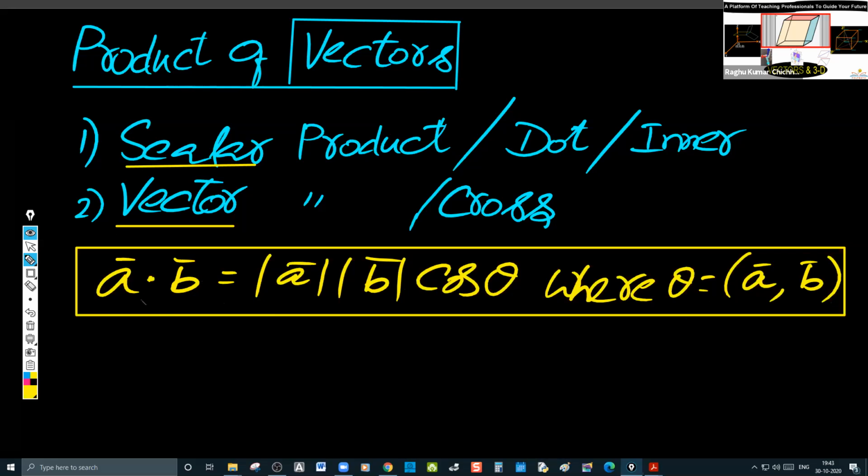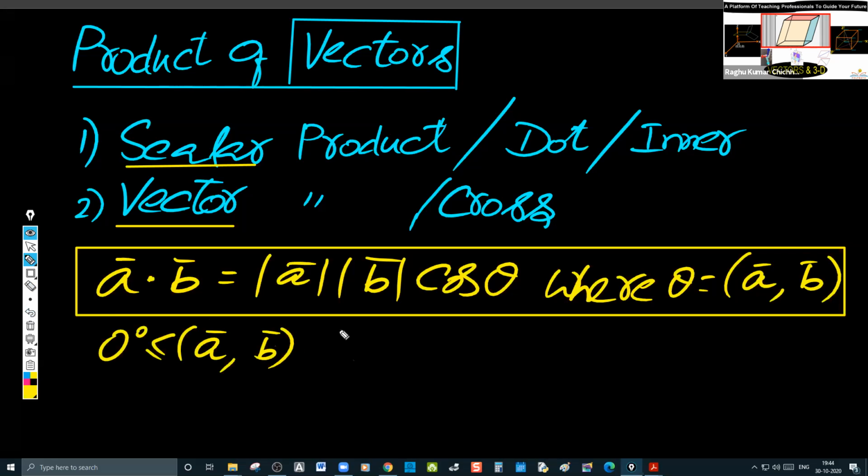But before that, let us understand the negativity, positivity and the zero of this scalar product or dot product. What I mean to say here is, if you take theta, the angle between two lines always lies between 0 and 180 degrees. Similarly, the angle between two vectors also lies between 0 and 180.